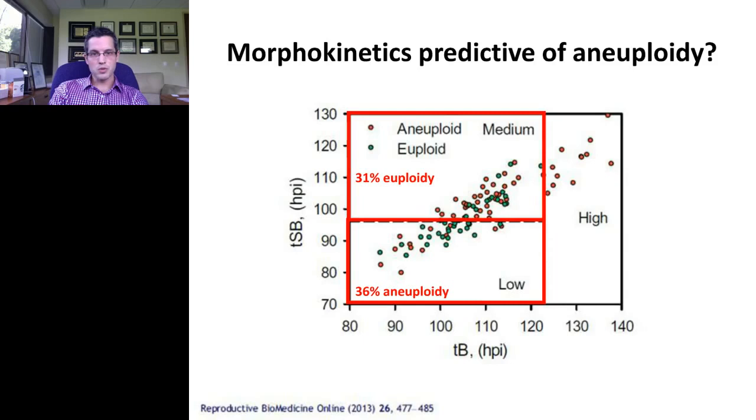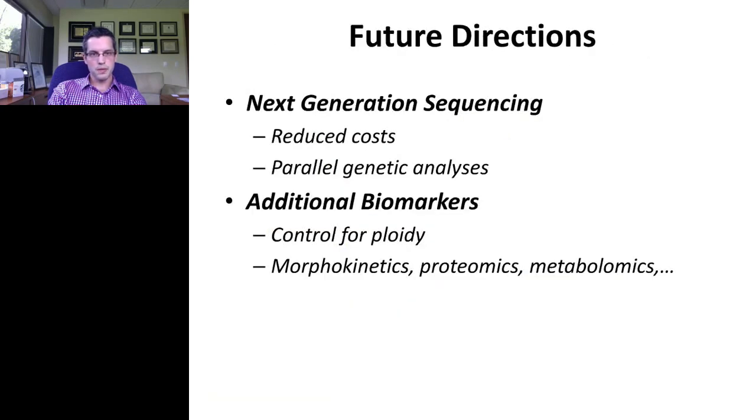In addition, the embryos predicted to be less euploid still had 31% prevalence of euploid embryos. So we don't necessarily think that this type of analysis will be useful for chromosome or aneuploidy predictions, but within euploid embryos, it may help to further refine our ability to select reproductively competent embryos.